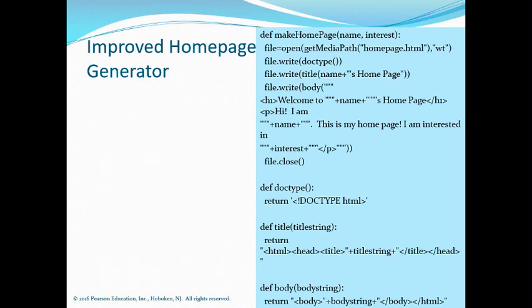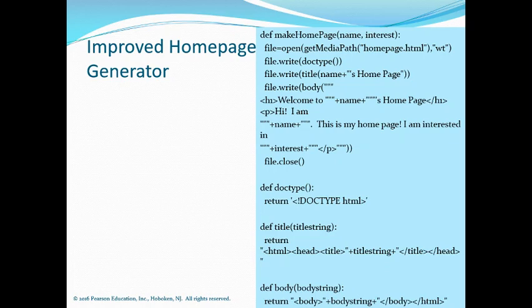What about an improved homepage generator though? How do we make it even better? So in this example, we pass in two things, but we broke it down even more. So we can actually break down our functions so that it's more understandable.